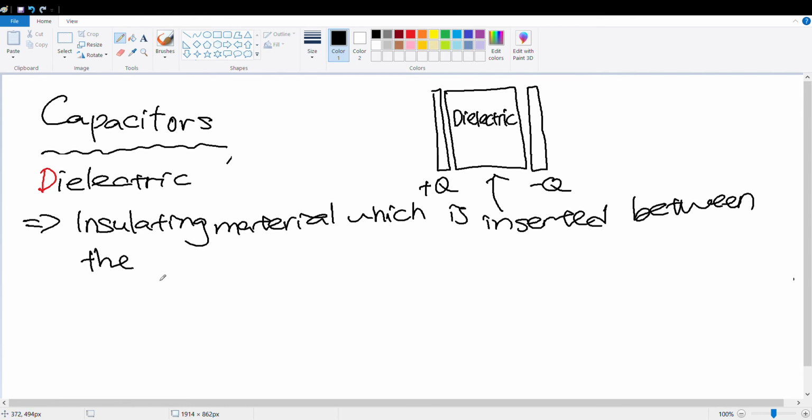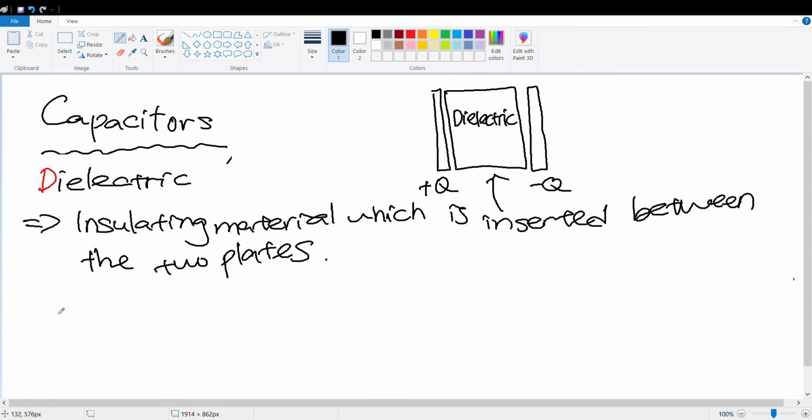So the dielectric is the insulating material used to insert or fill the space between the two plates. Okay, so different types of material have different dielectric constants.